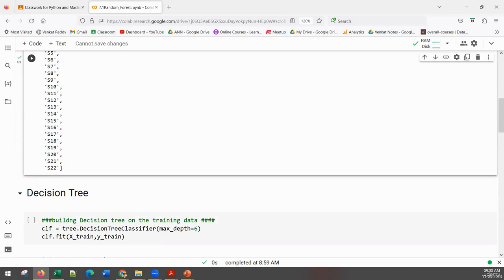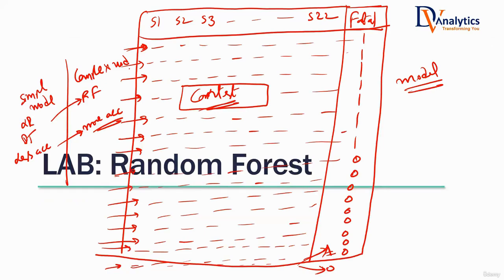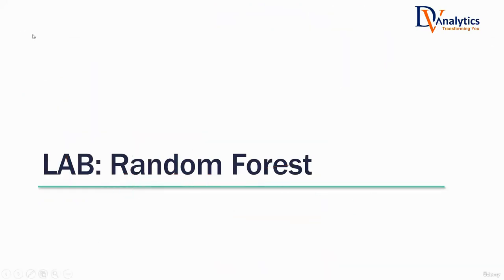That means if I'm building a random forest model, I should know the minimum accuracy that should be there. That's why let us start with the decision tree model and see what accuracy we will get. So go ahead, build a decision tree model. Tell me the train accuracy and test accuracy. How much is the train accuracy? How much is the test accuracy for this decision tree model that you are building?